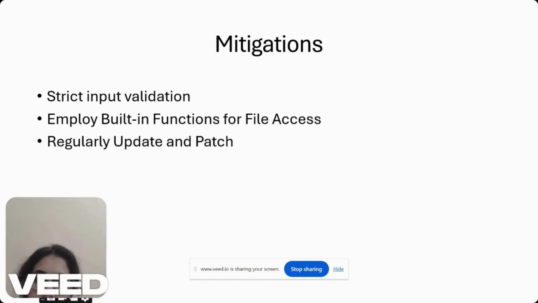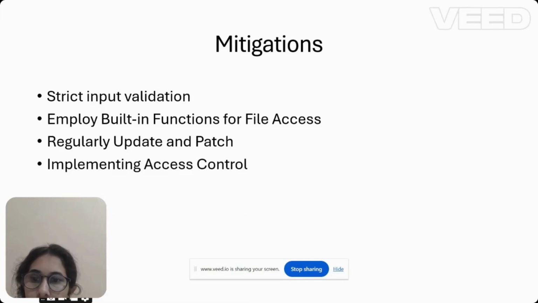Regularly update and patch. We should regularly update our software, our web servers, our libraries, etc. Implementing access controls means implementing authorization, like privileges. Privileges means which user has access to which area.